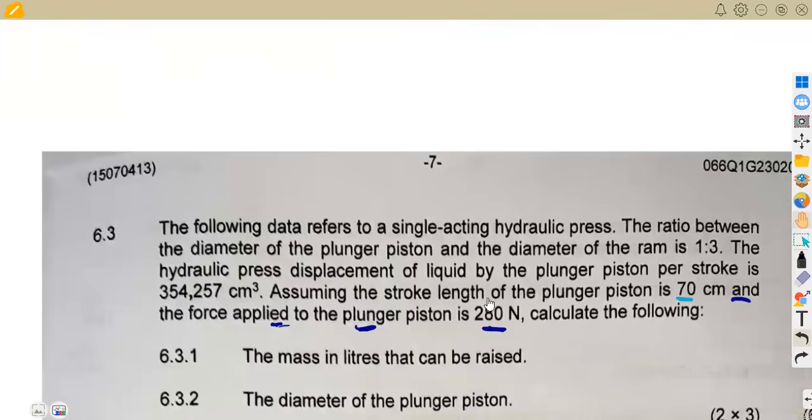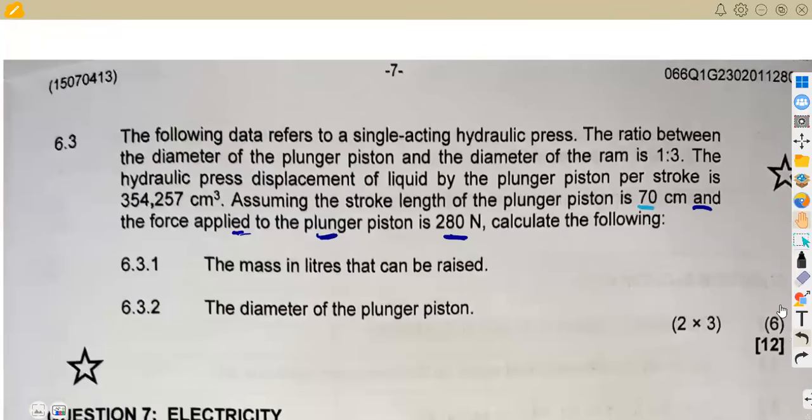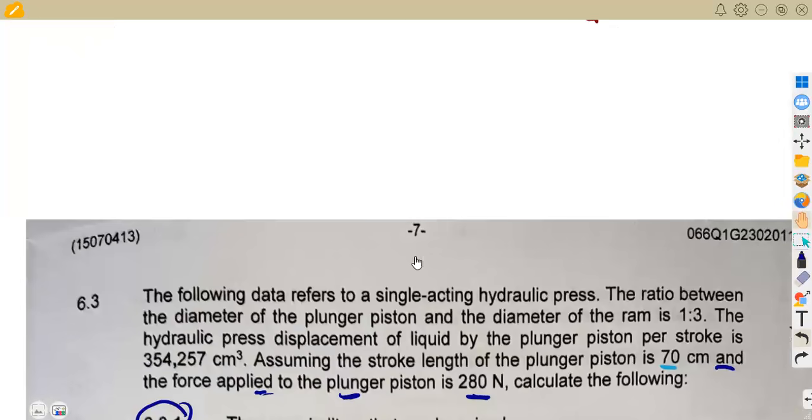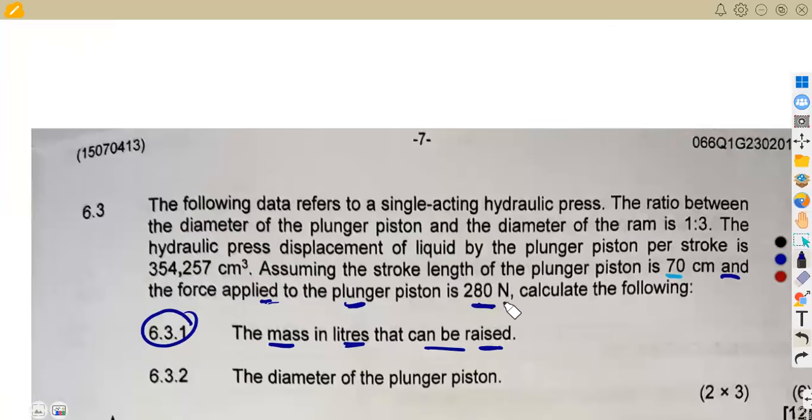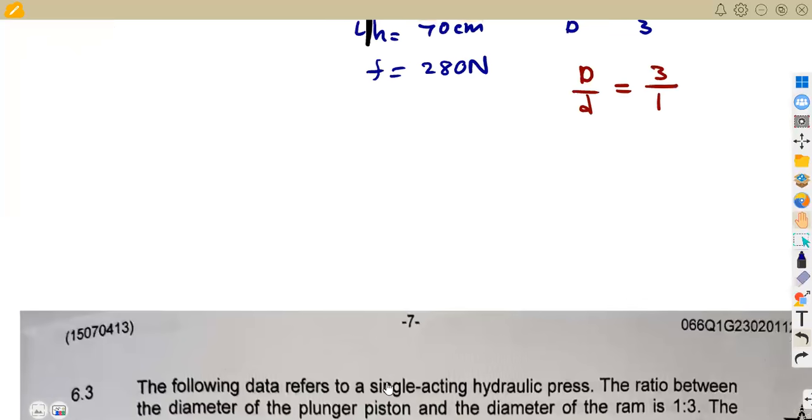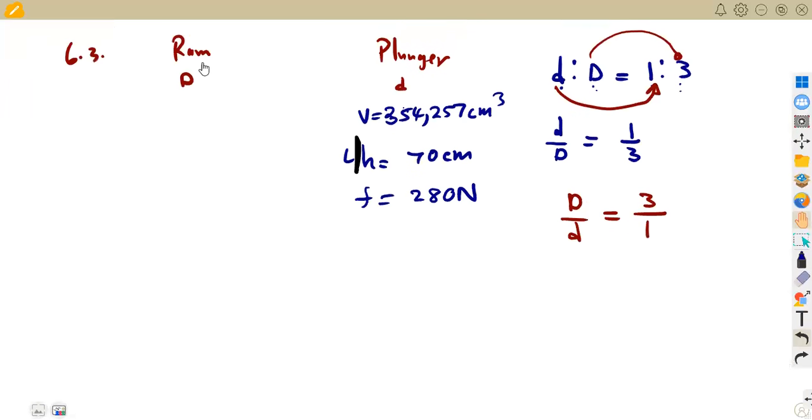From this information, the question is asking us to calculate the mass in liters that can be raised. That is the most important thing: can be raised. Where? Remember, the plunger is the one that is pushing up the ram, so the ram, as it is going up, is the one being raised.